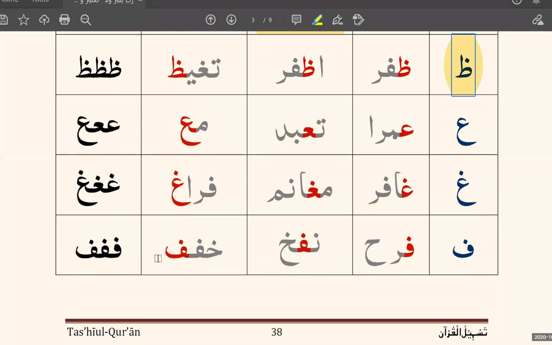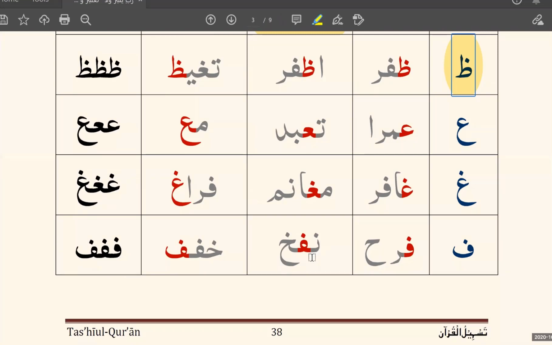Can you read this line from left to right? The bottom line, left to right, please. Fa, Ha, Gain, Ha, no, kha.